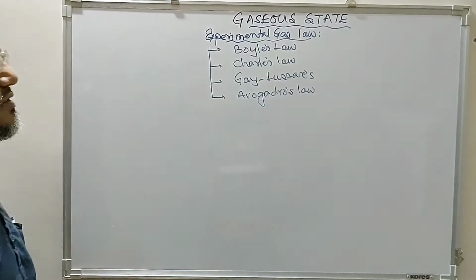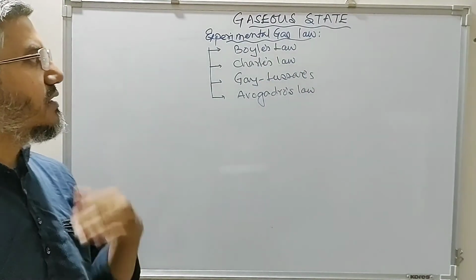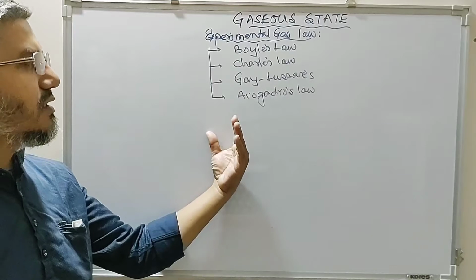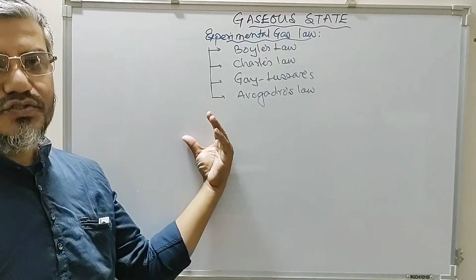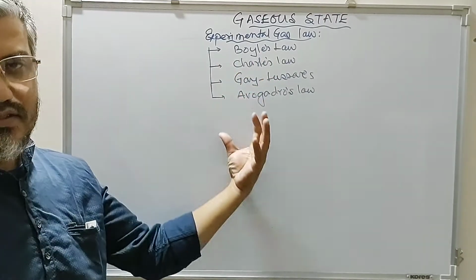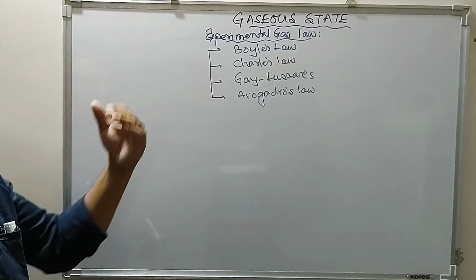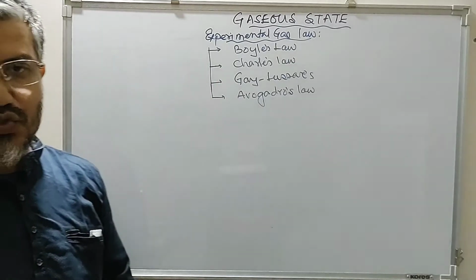These are the four gas laws we are going to discuss in detail: what is their statement, what is the mathematical relationship, and their application. Coming to the first, Boyle's law.